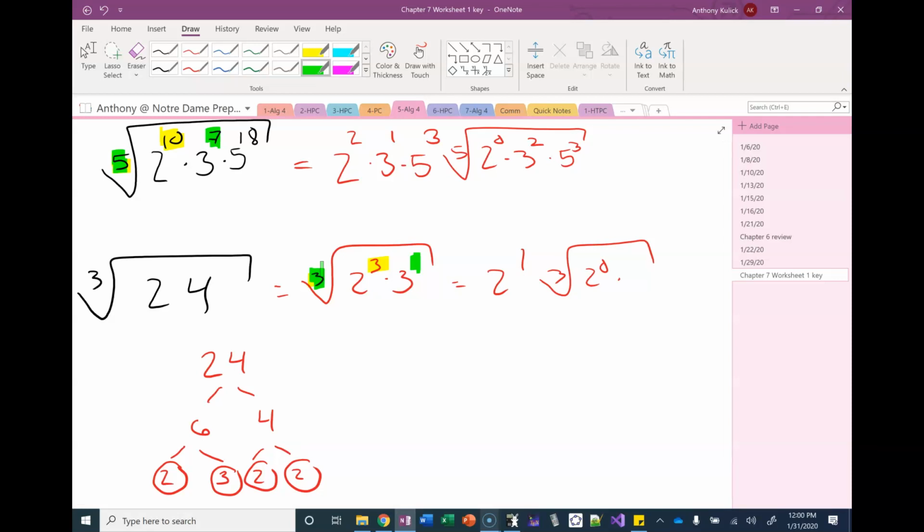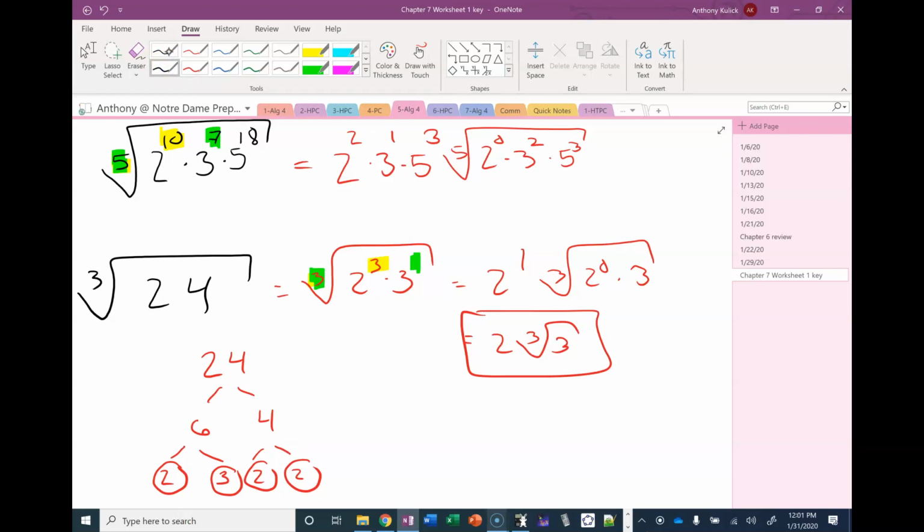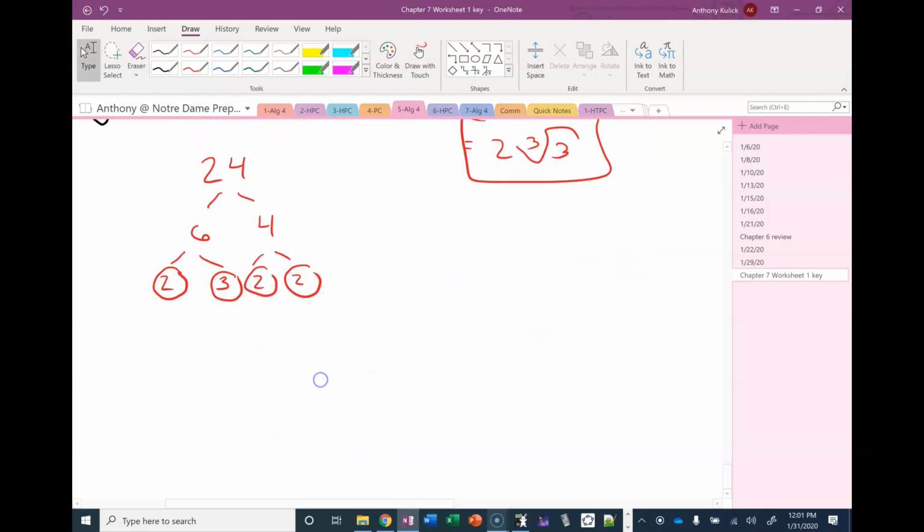We just get 0 remainder 1, basically. So we'll just put the 3 back under there because there's no exchange that we can do. So this just turns into 2 root 3. Is everybody okay there? Kate? Sure. Okay, let's do another.